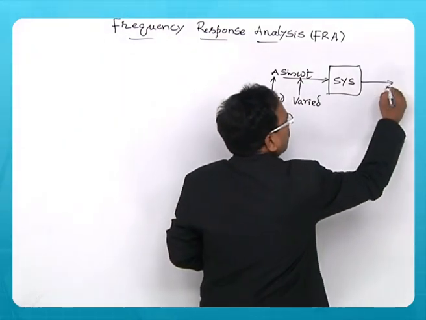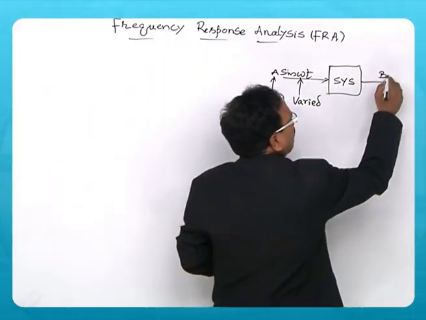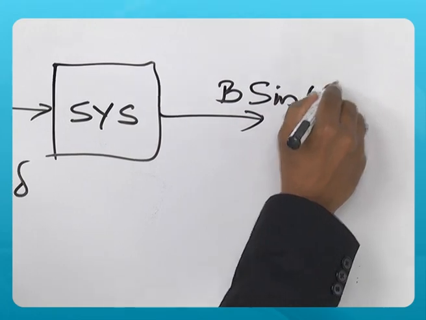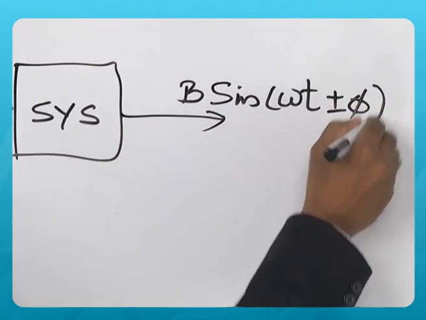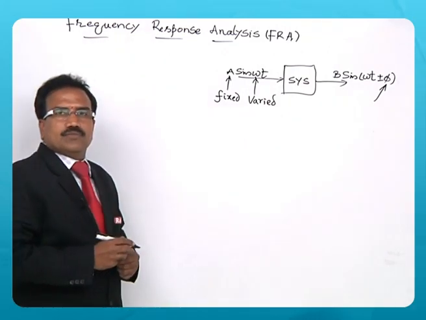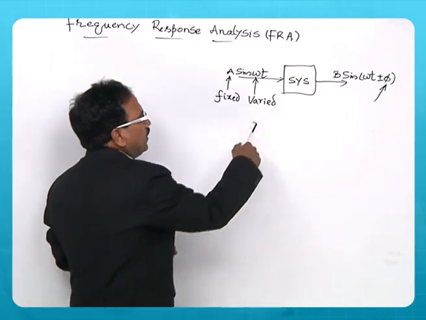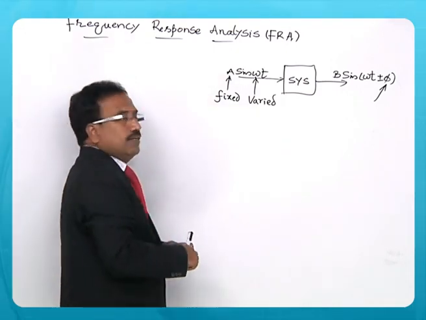How the magnitude of the system output and the phase vary, keeping the amplitude of the input fixed by varying the frequency of the input signal.